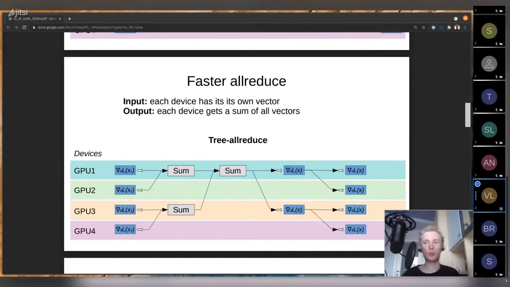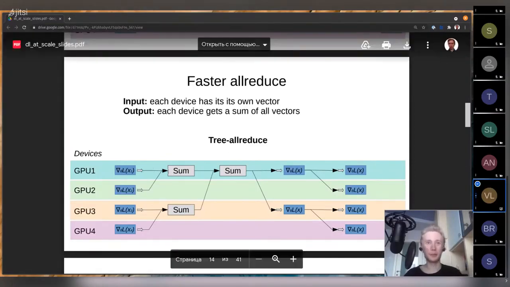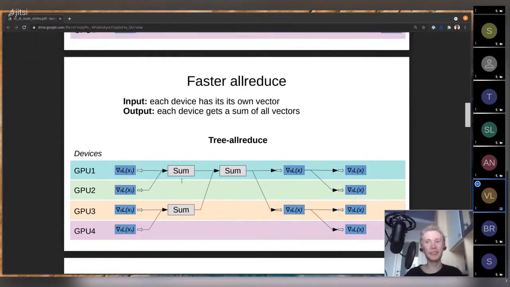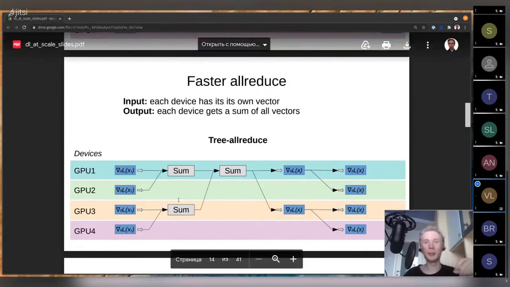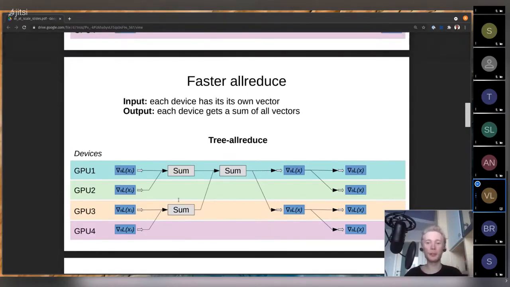Of course, you should do this only when you have a lot of data, because if every GPU computes one gradient of size 1, so one derivative, one number, then all of the message passing that we're doing here will be much slower than the gains we've gotten by distributing the plus operations.